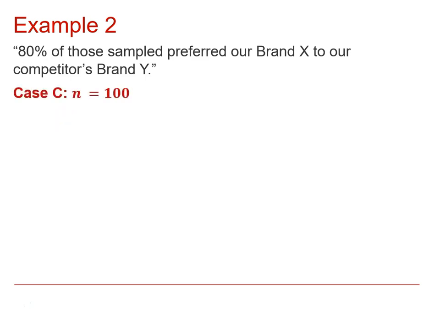If we have n equals 100, 80% is going to be 80 people, and the probability that x is greater than or equal to 80 in this case is actually 5.58 times 10 to the minus 10. I'm quite convinced now.